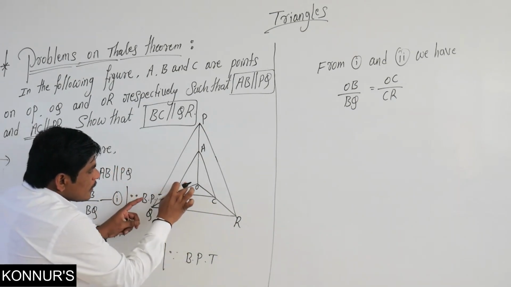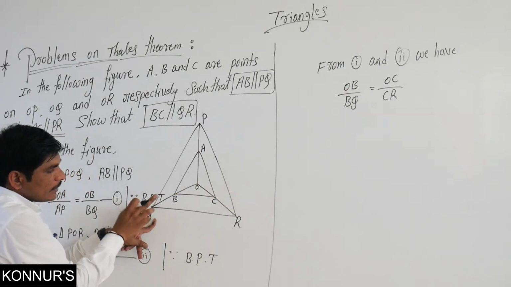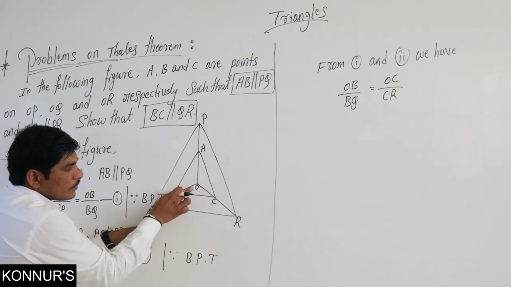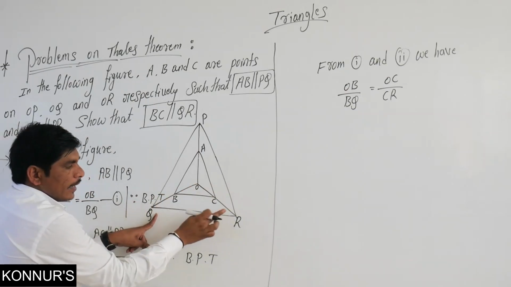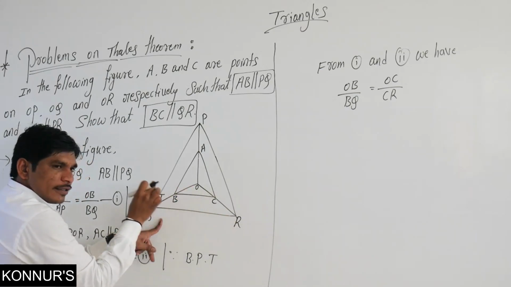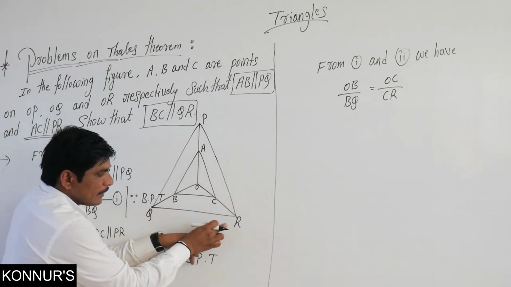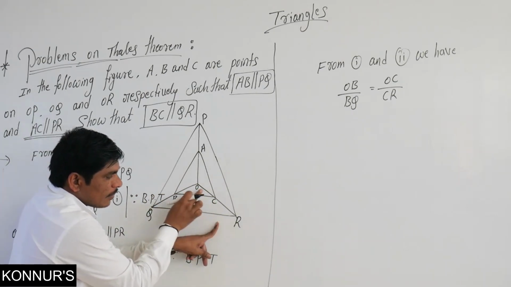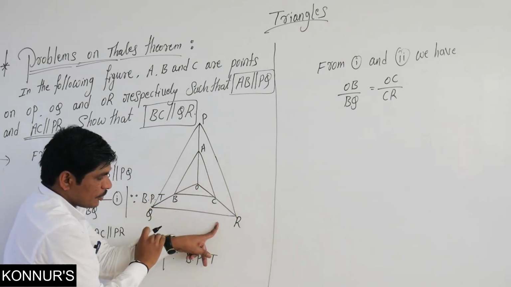Now, these two ratios are related to the triangle QOR. In this triangle, OB and BQ are in the form of a ratio, and similarly OC and CR are also in the form of a ratio.